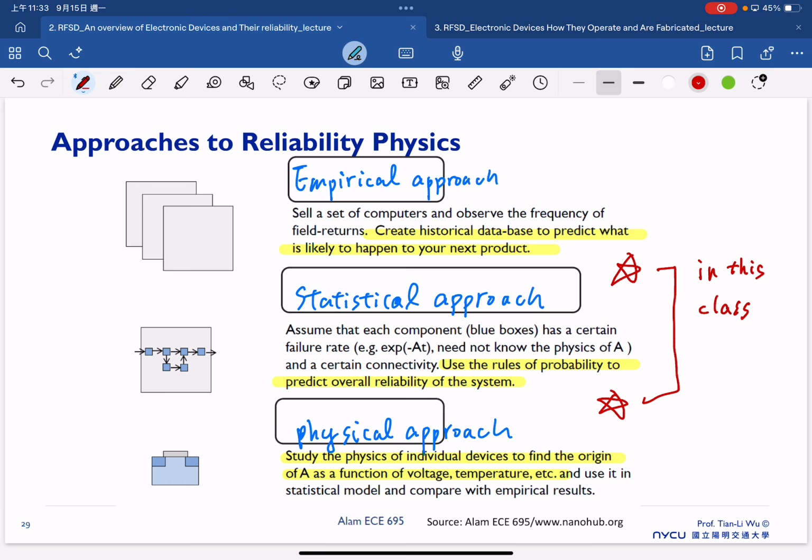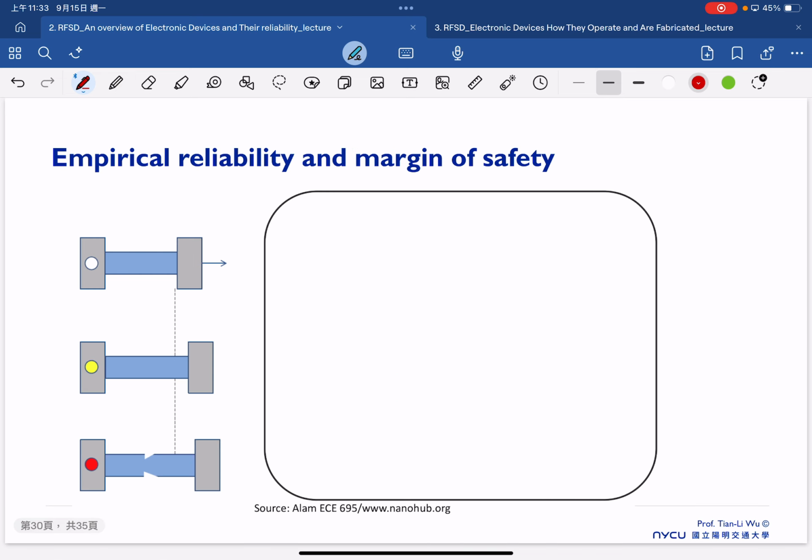And also, there's a very important concept that we call the margin of safety. So imagine that this is a string. You have one side, and you try to pull this string from these two opposite sides.